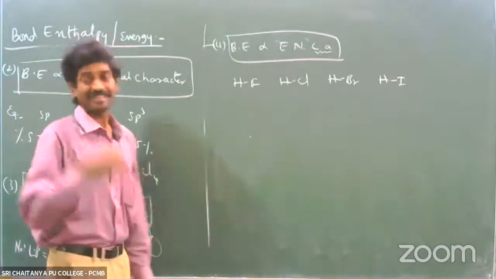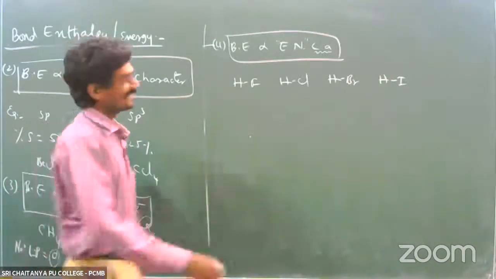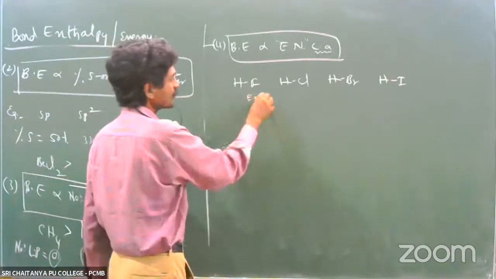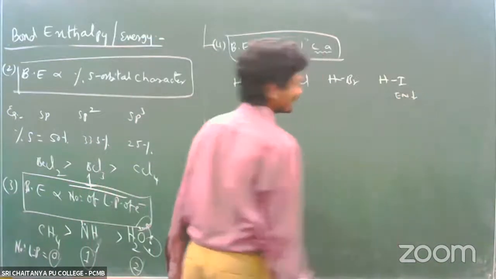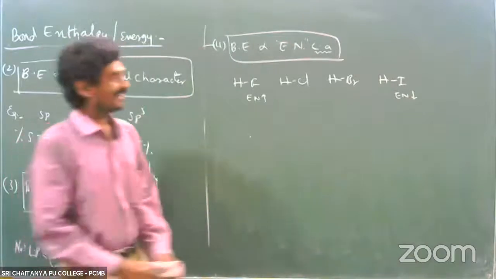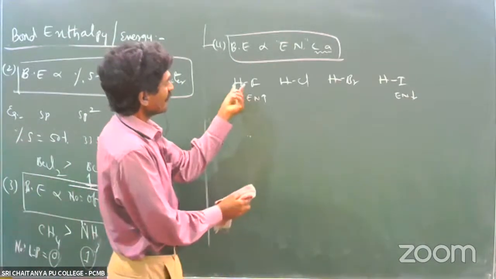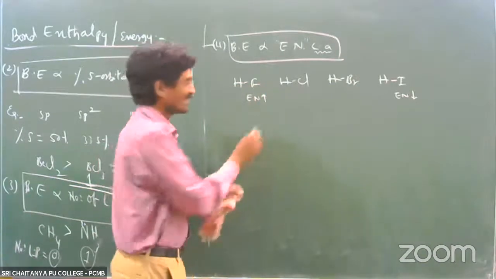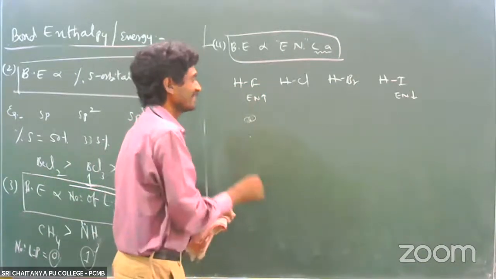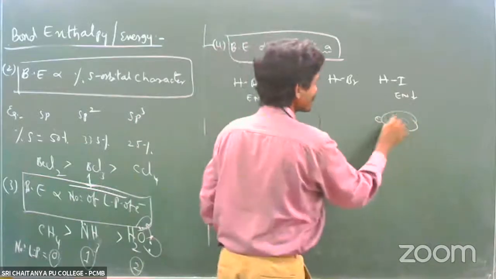So which one has the highest bond energy? Fluorine's electronegativity is more. Iodine's electronegativity is less. And that too, hydrogen and fluorine: fluorine is smaller in size and iodine is larger in size.